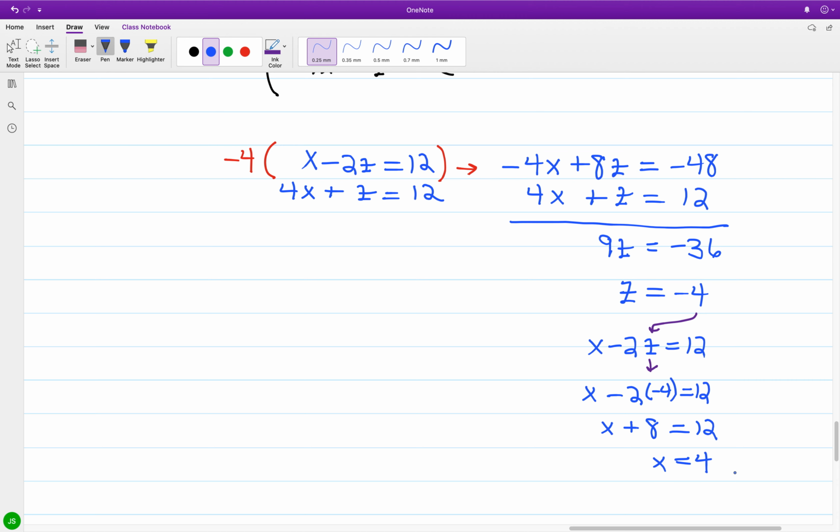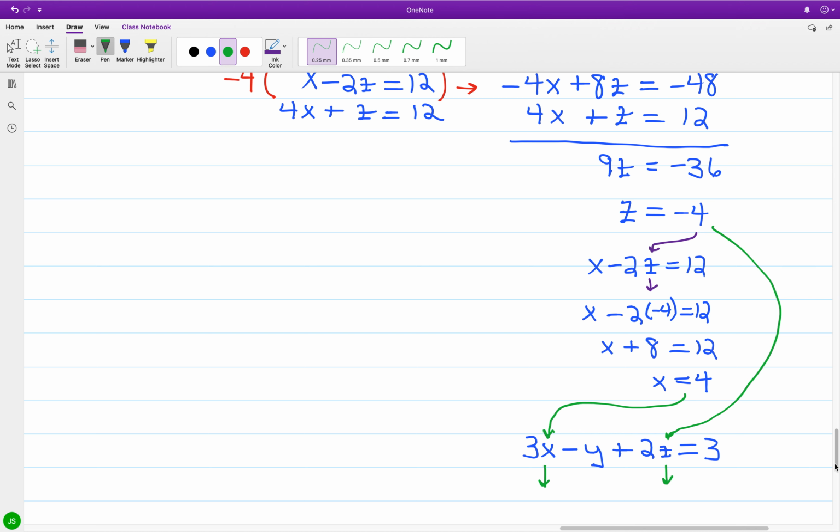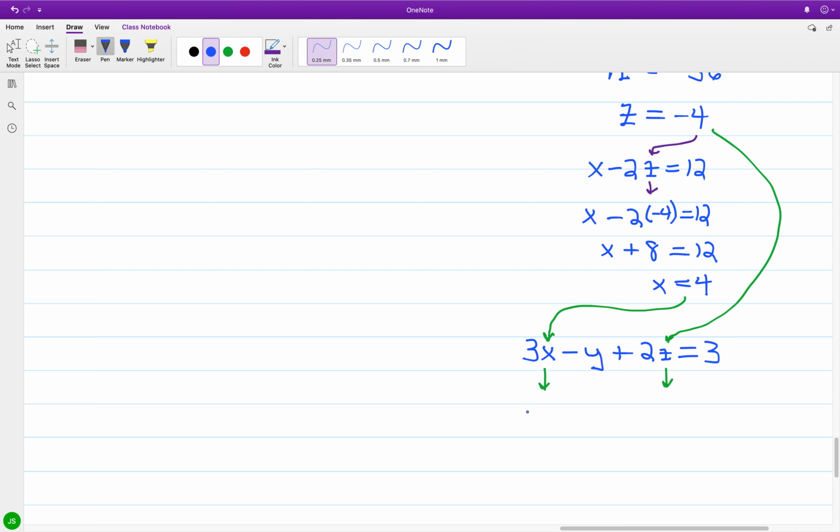So you have x at 4, z at negative 4. If I take the values that we have for z and x and solve for y, which was present only in the first equation, 3x minus y plus 2z is equal to 3, and just filling in, x at 4 and z at negative 4, we have 3 times 4 minus y, and 2 times negative 4, is equal to 3.